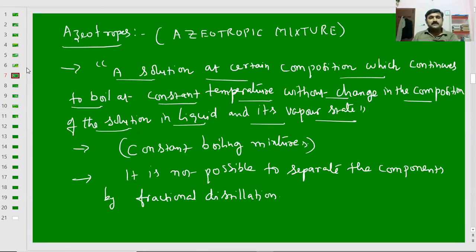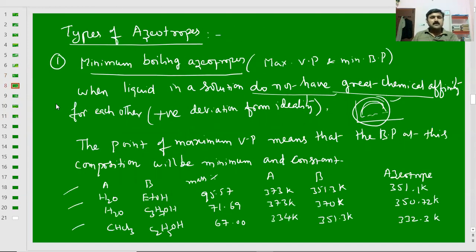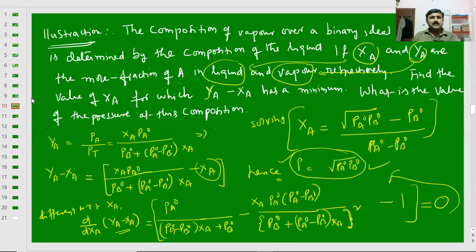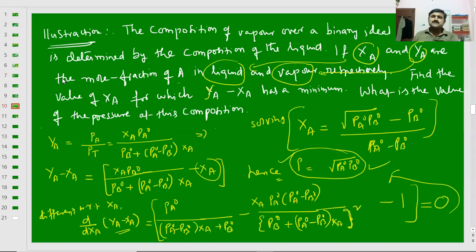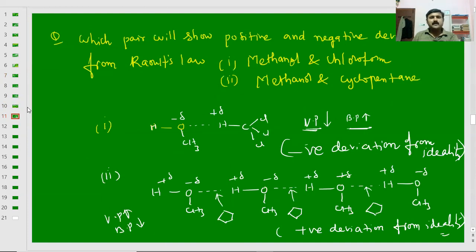Then I discussed the most important definition for the examination, azeotropes. Then I took one more important knowledge based question from this concept. Hope you understand this concept.